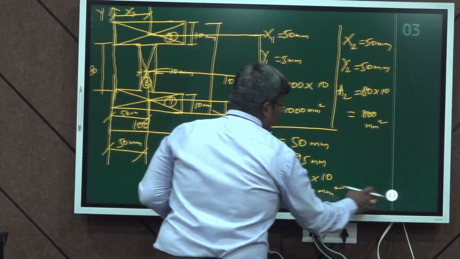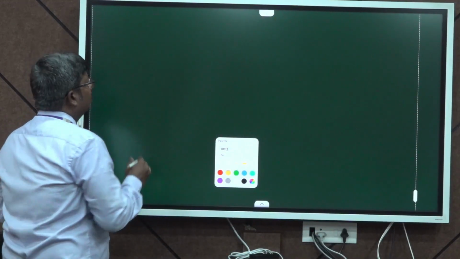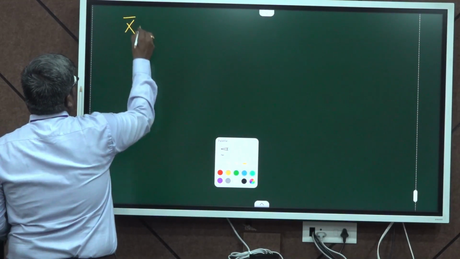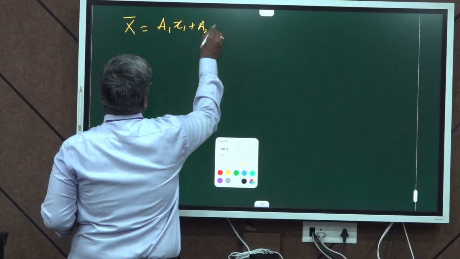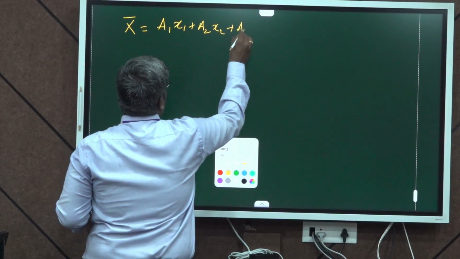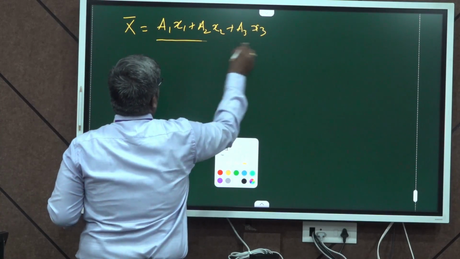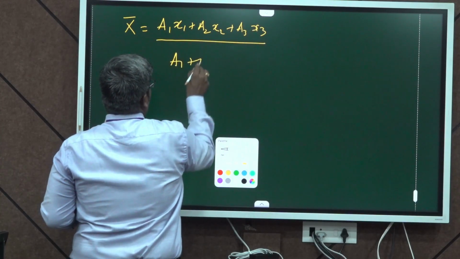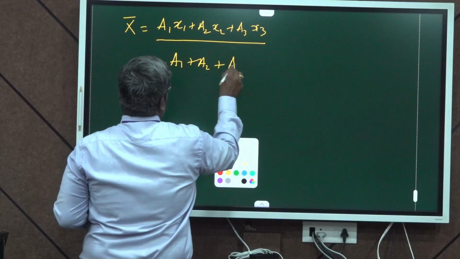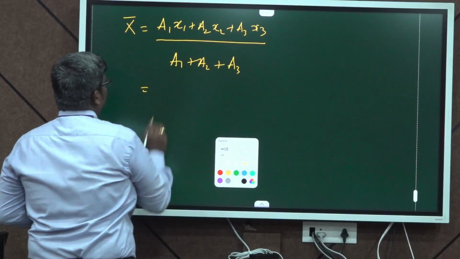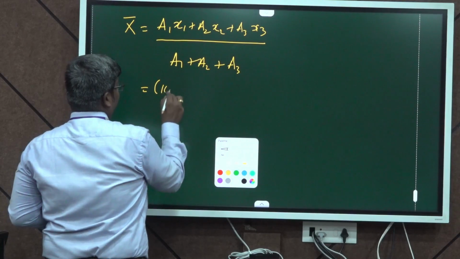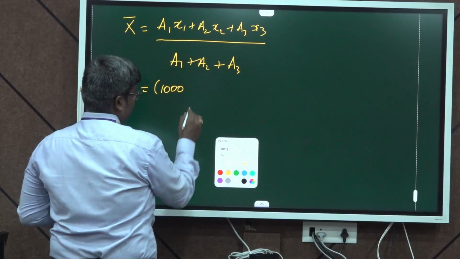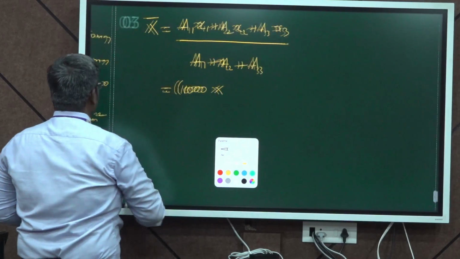We know the center of gravity about the x axis formula is A1 x1 plus A2 x2 plus A3 x3 whole divided by A1 plus A2 plus A3. The area of the first portion is 1000. So, let me substitute A1 as 1000 and the x1 value.